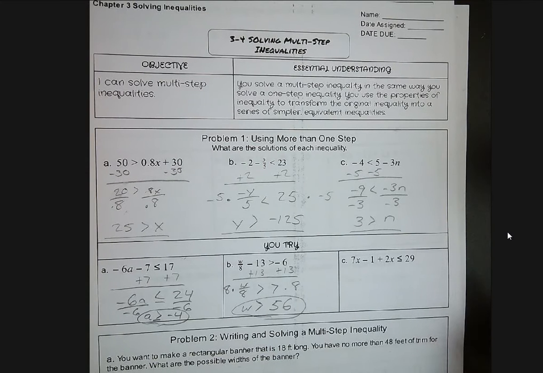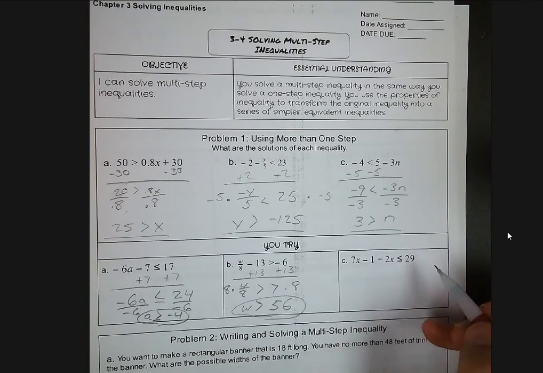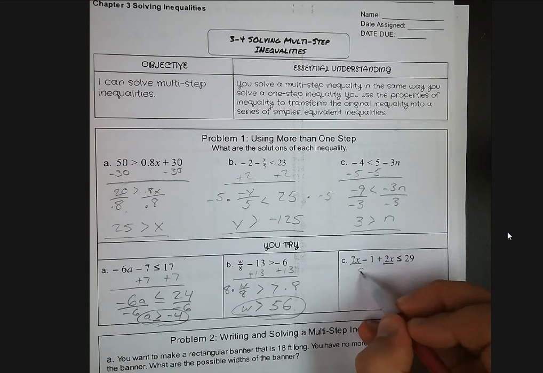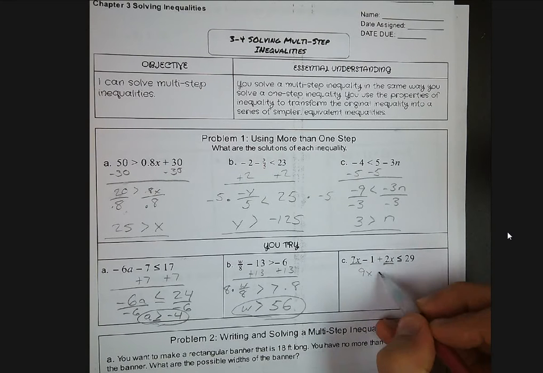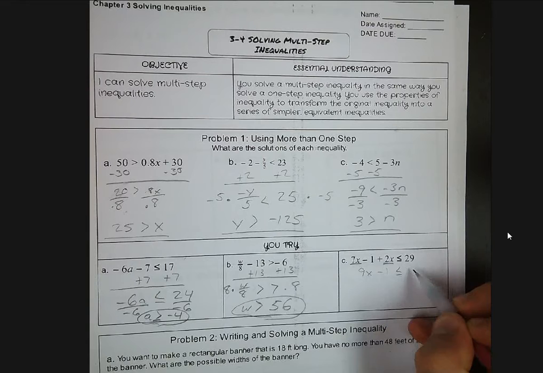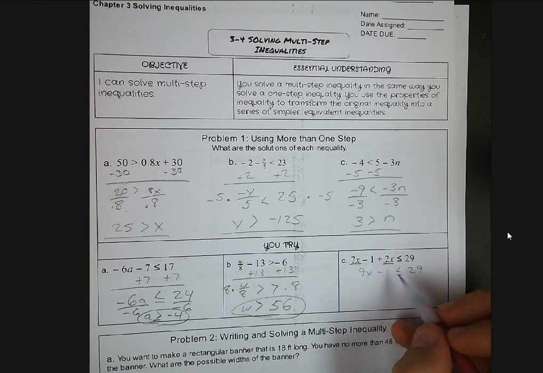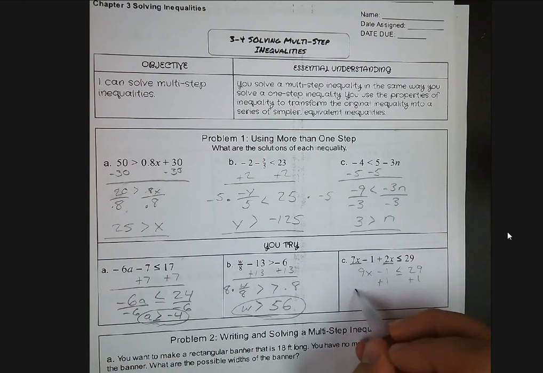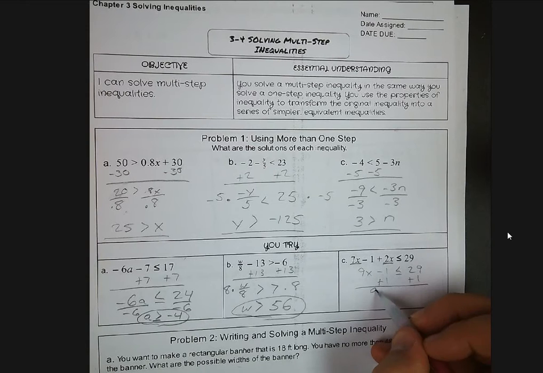Letter C, we are going to combine like terms first. So 7x plus 2x is 9x minus 1 is less than or equal to 29. Add 1 to both sides. 9x is less than or equal to 30.